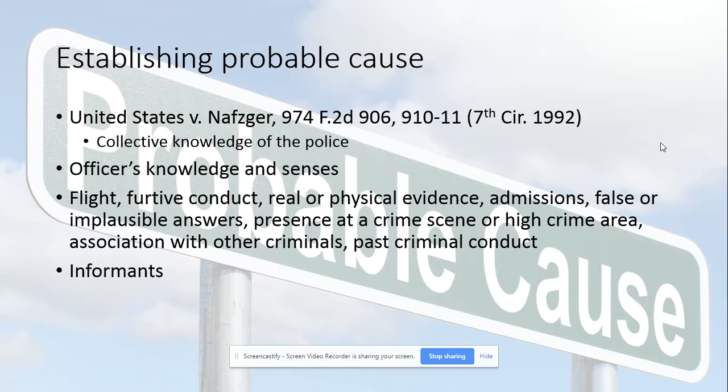And then there's information that comes from informants. Informants are fairly simple. You can read about that in your book. But important to understand that not necessarily one of the things alone means probable cause exists.